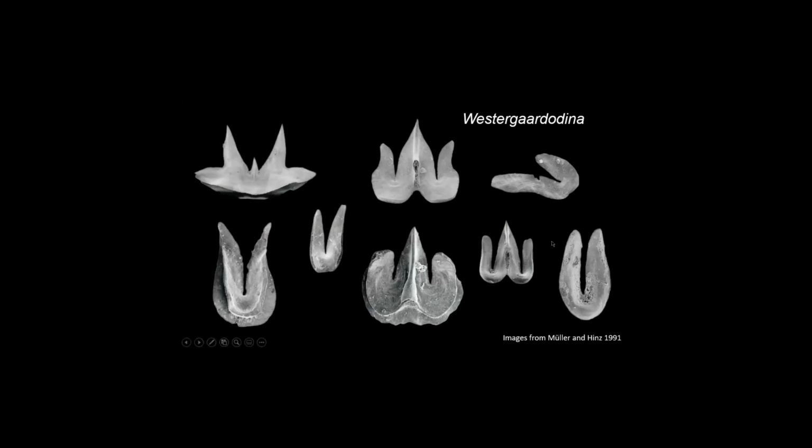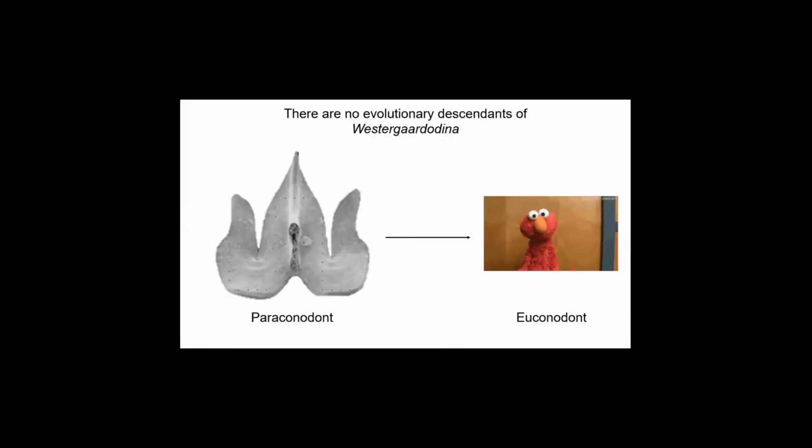Paraconodont elements called Westergaardodina, which, unlike the simple cone-shaped forms, are a lot more structurally complex, both in the outside form and internal structure. And again, unlike cone-shaped forms, we don't really have any evidence of an evolutionary descendant of them going into the euconodonts.